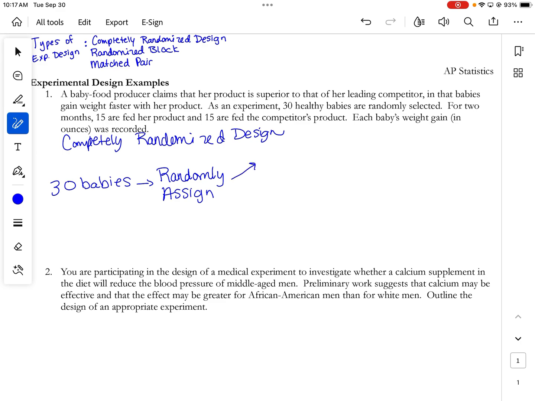If it said elaborate on how you will randomly assign, you would list out all the steps. So we're going to assign it to how many groups, how many treatments do we have? We have 2, yep. So group 1, and we have group 2. And we cut it in half, so 15 in each group. We evenly divide it.